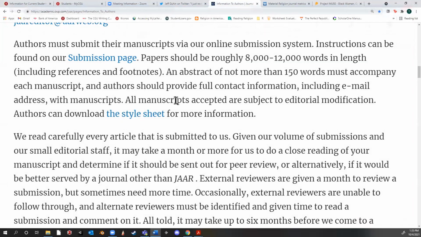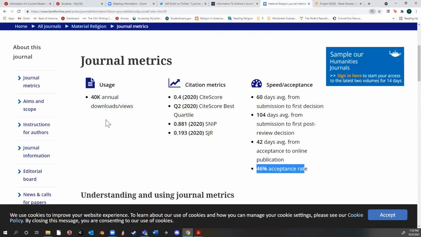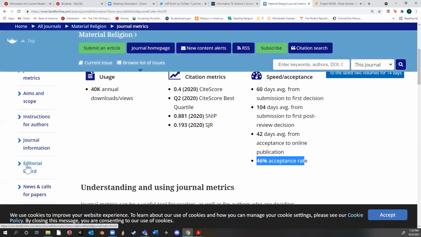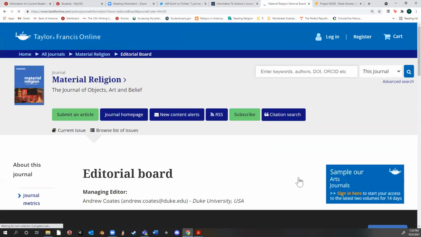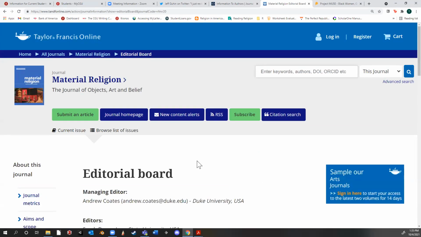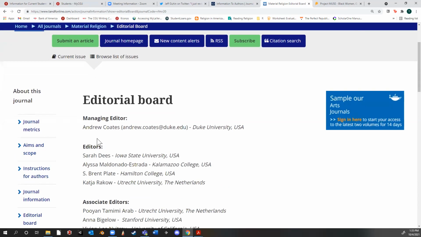And then besides that, the other information to look for on these would be the editorial board. And so this is my last note about figuring out what kind of journal that you want to publish in: once you find a journal and you figure out what that journal's focus is, looking at the aims and scope, the next two things you should do to figure out should your article go to this particular journal or another one is first look through the journal, right?